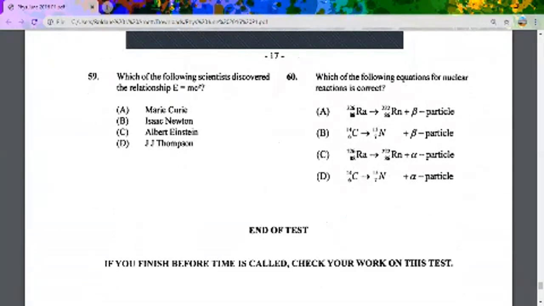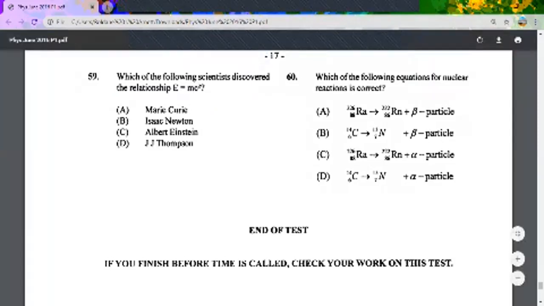Which of the following equations, and we're down to the last one, for nuclear reactions is correct? Let's just get straight to the answer. Let's not waste any time. Let me annotate.